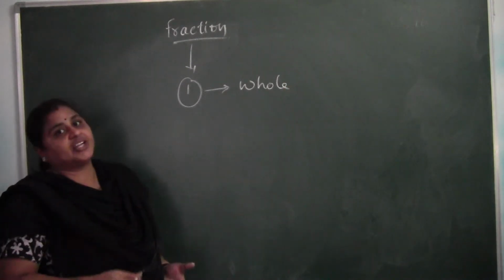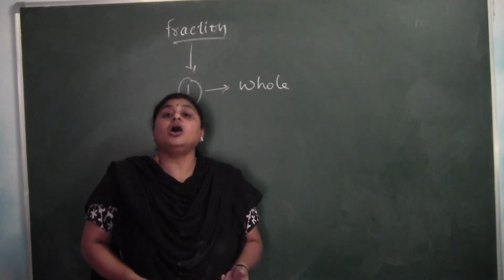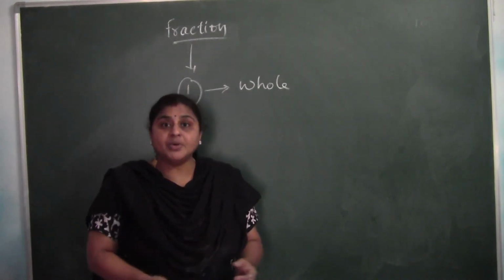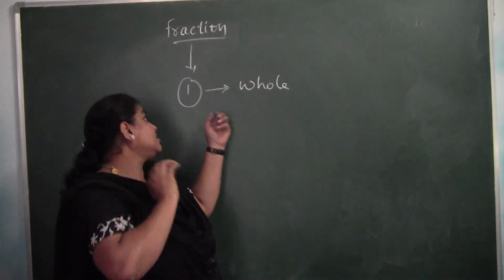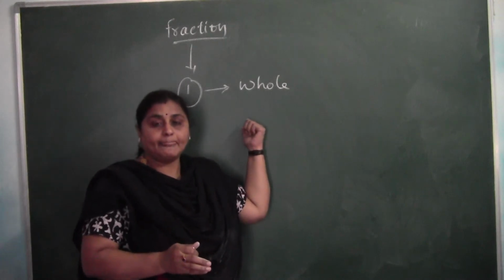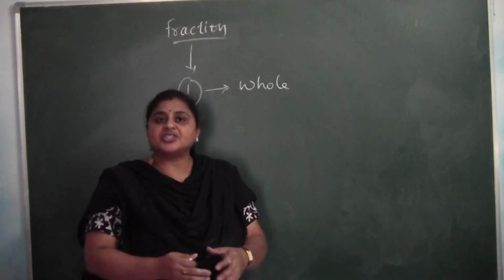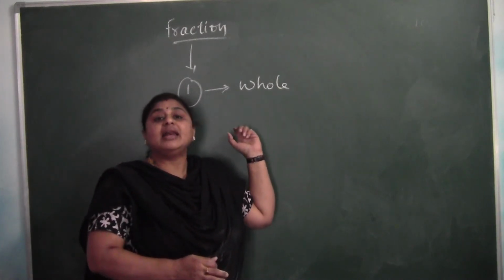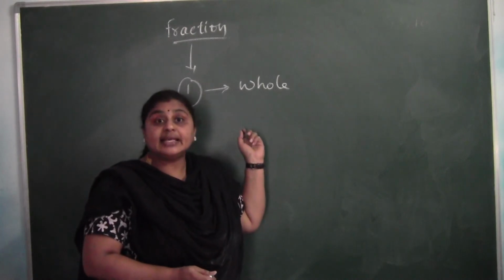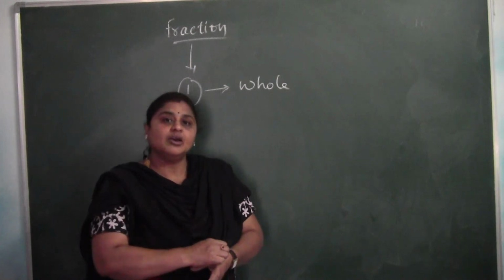Whenever you read a fraction, I said whole may be an object, a complete object, or a collection of objects. But in terms of numbers, a whole is nothing but 1. Okay, children, all the proper fractions are less than 1, and all the improper fractions are greater than 1.